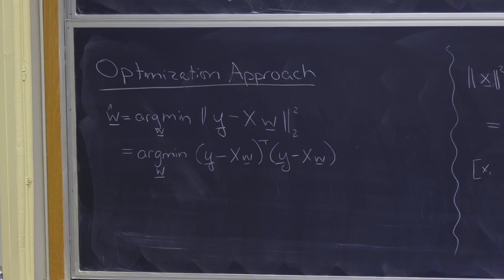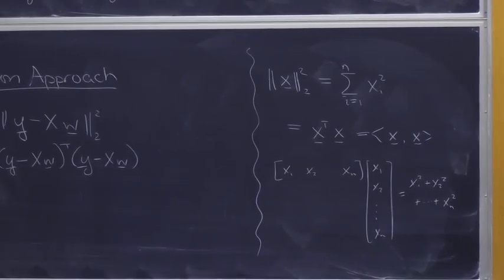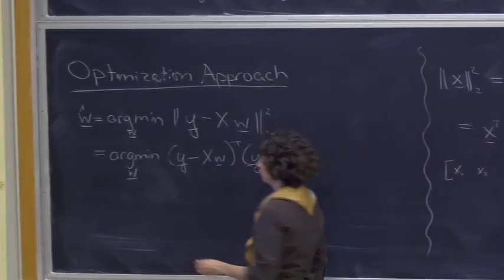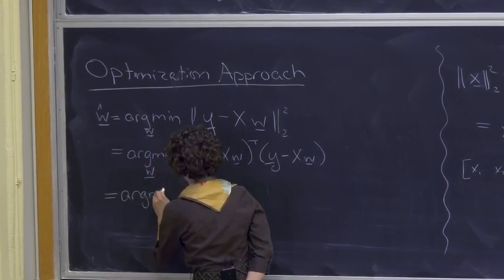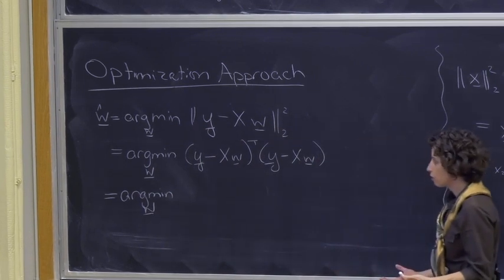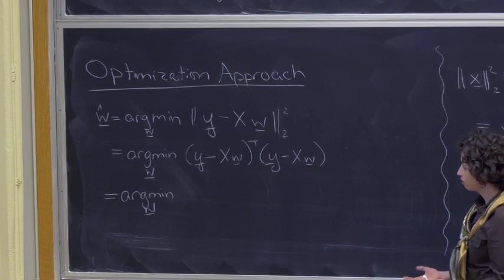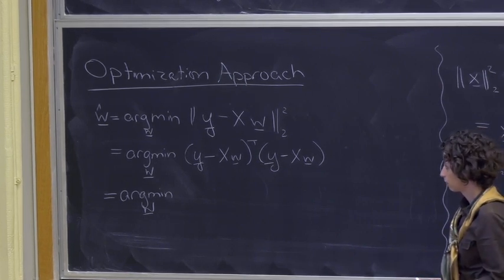So I'm just using this concept here and applying it to this optimization problem that we're working with. And now I'm going to expand the square. And now we're working with matrices and vectors as opposed to working with scalars, but there's a lot of similarities.